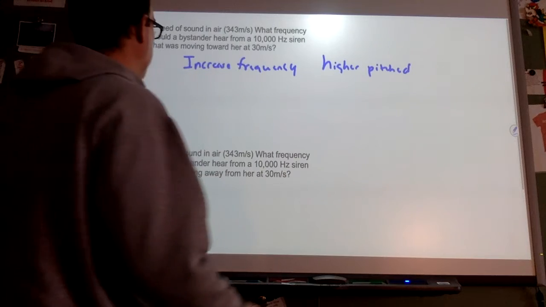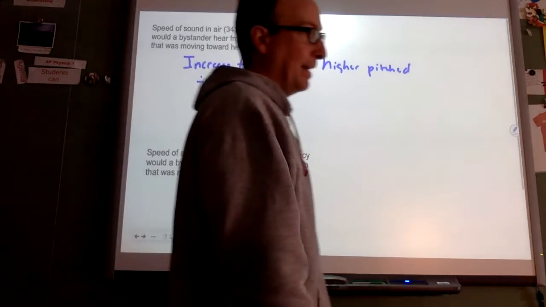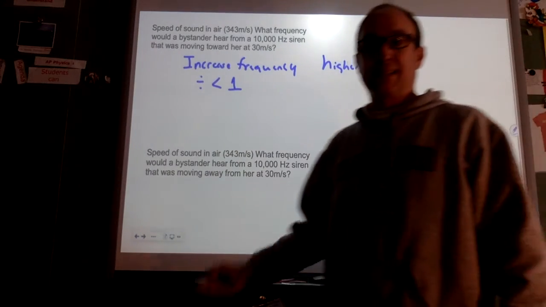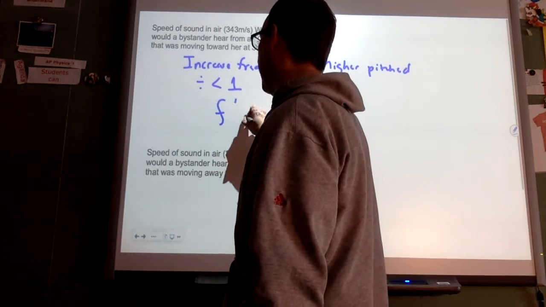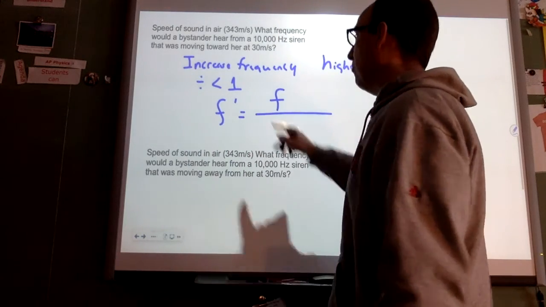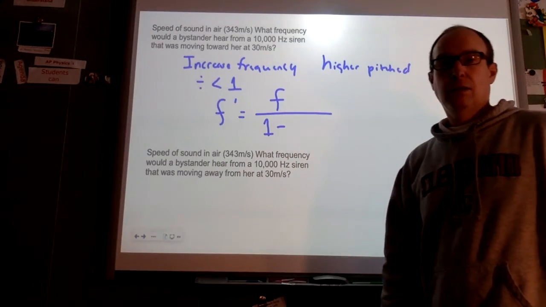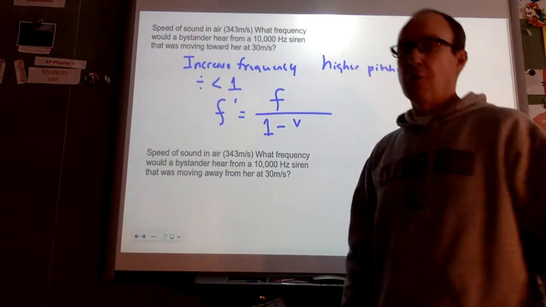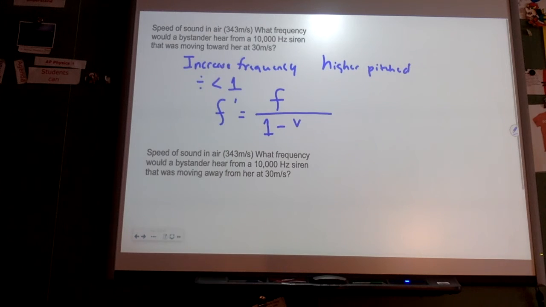So if I want an increase in frequency, I want to divide by something that is less than 1. And so I'm going to pick the one that is 1 minus something, right? And so our new frequency, which they're calling f prime, is our original frequency. And if I want this to be less than 1, I'm going to take 1 minus. And then this fraction is the velocity of the source divided by the velocity of sound.